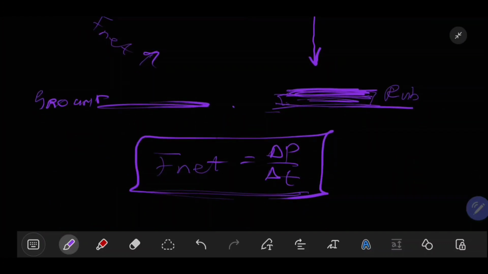But this is what the formula is trying to tell us: if the time of impact is so small, then the force of impact will be large. If this becomes small, then this one will increase. But if our time becomes larger, then the force of impact will decrease in that way.